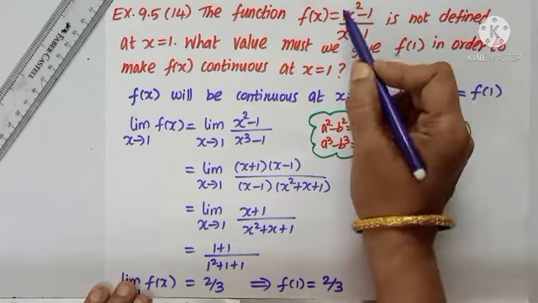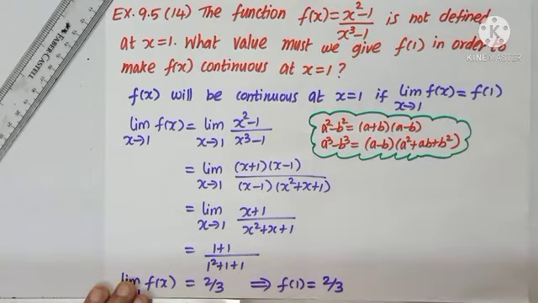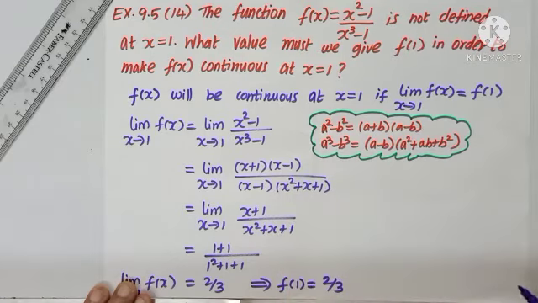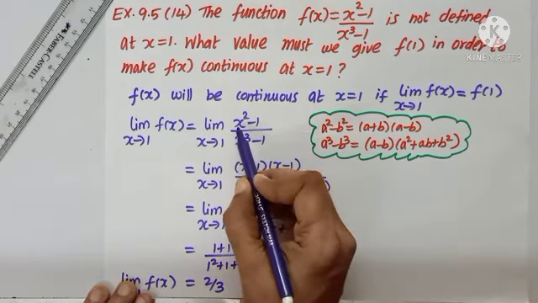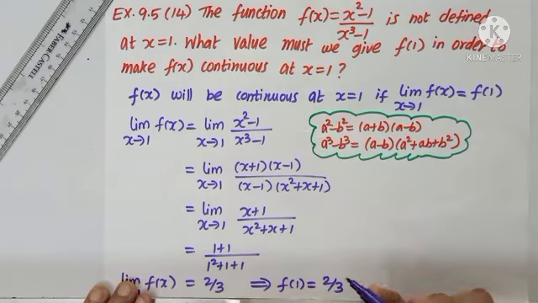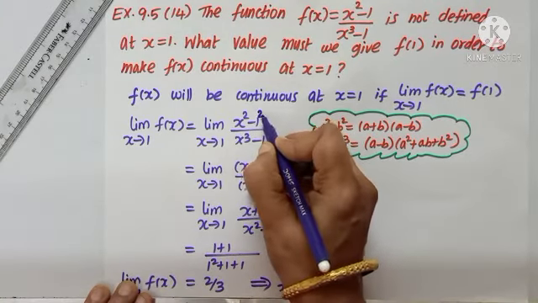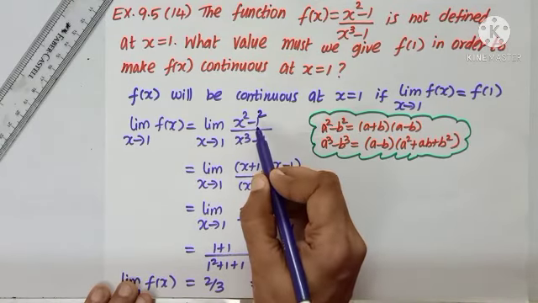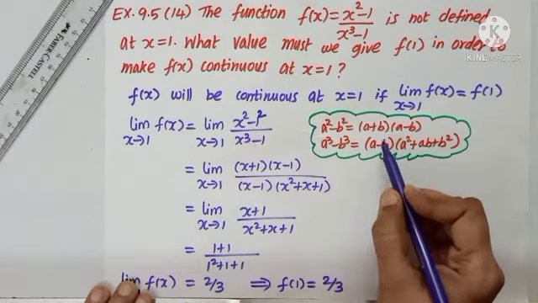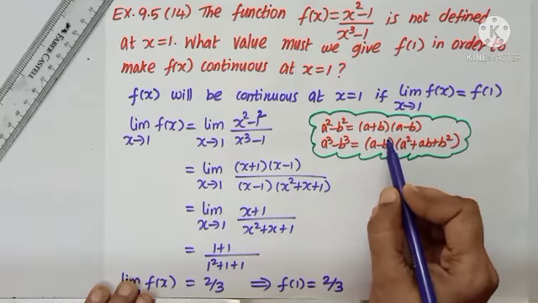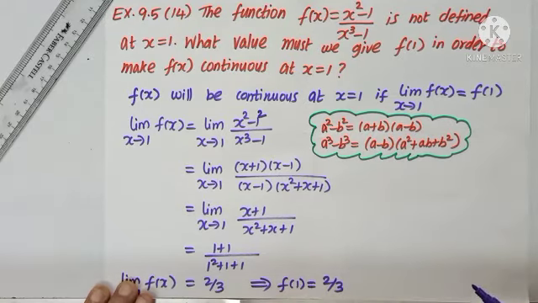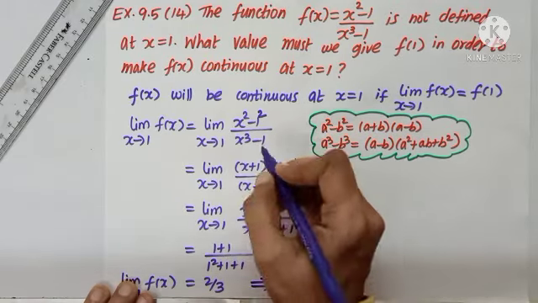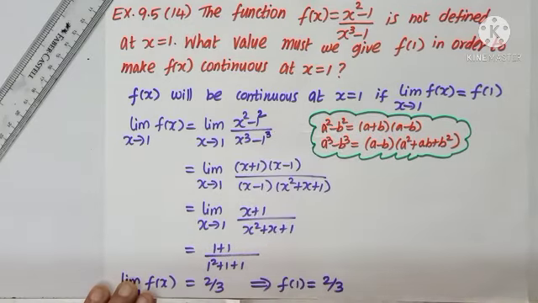As the given function is rational, let us try to factorize and cancel the like term. The numerator x square minus 1 can be treated as x square minus 1 square. So it is an a square minus b square pattern, which can be written as a plus b into a minus b. The denominator is x cube minus 1. 1 can be written as 1 cube.